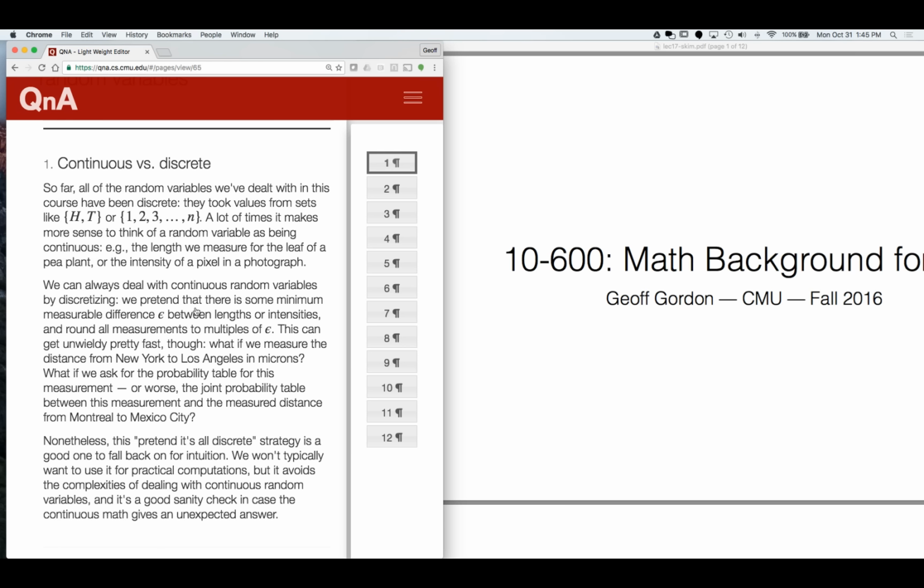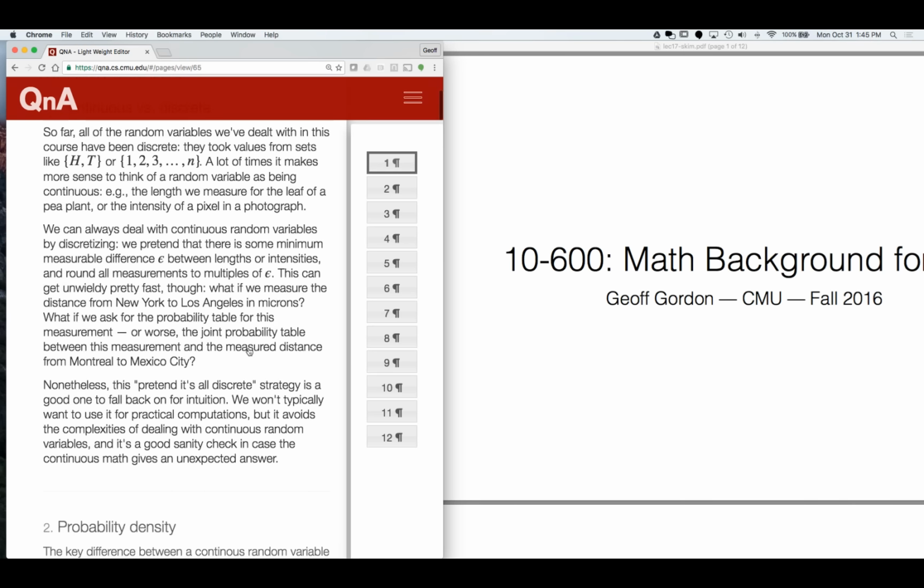You go from very small, very negative multiples of epsilon to very positive multiples of epsilon, but there's a discrete set, possibly even a finite set of possible values. And this is not practical typically, but if you're confused about a continuous random variable, you should almost always go back and try and think of it in terms of a discrete version.